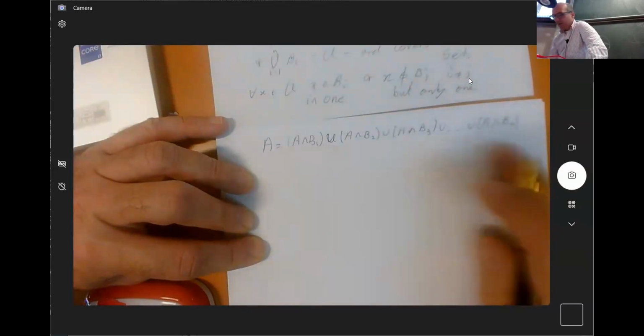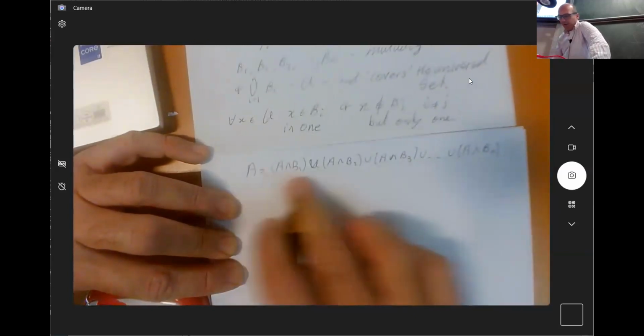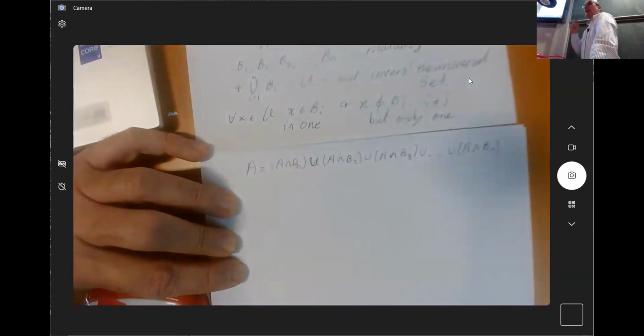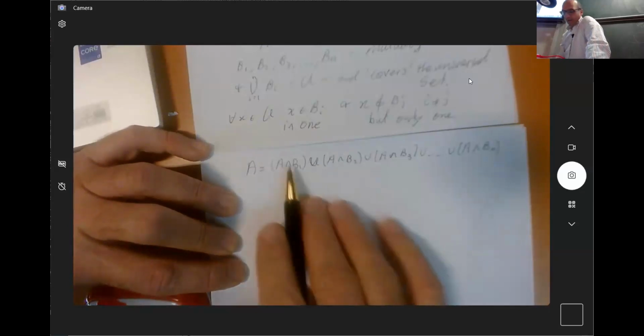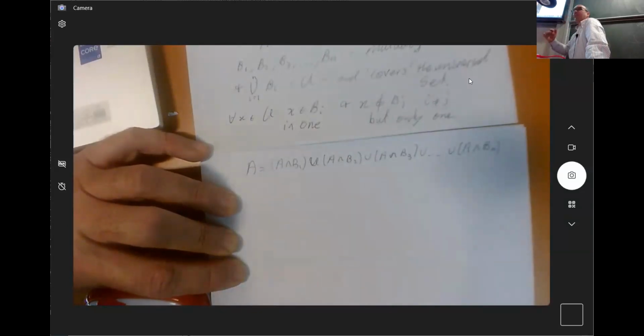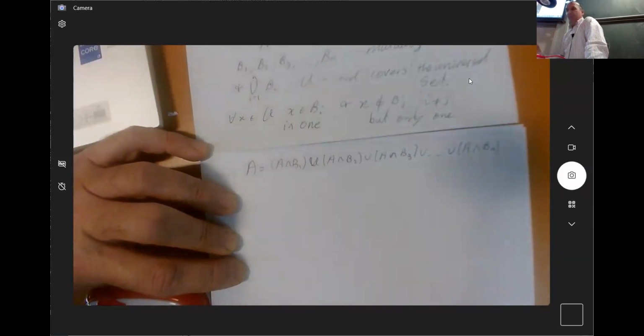So all the bits of A are in one of these B's, because everything in the universal set is in one of the B's and only one of the B's.